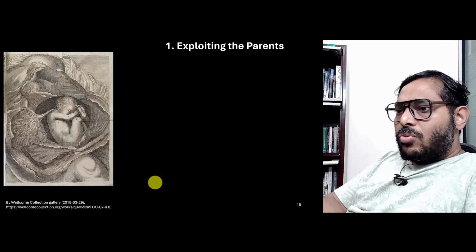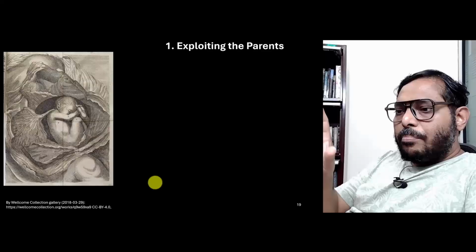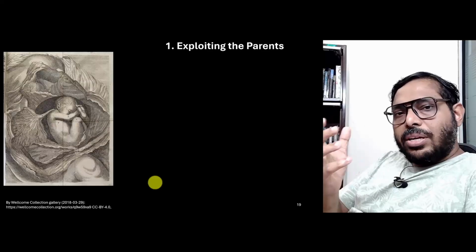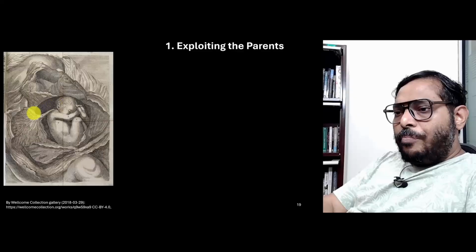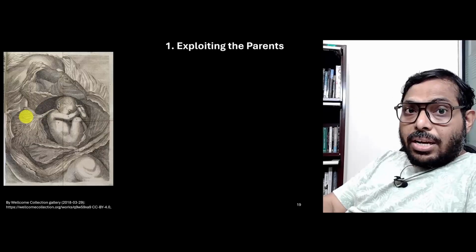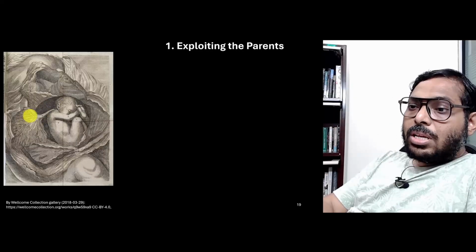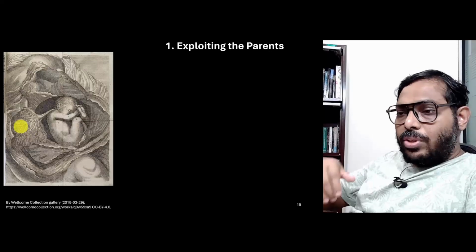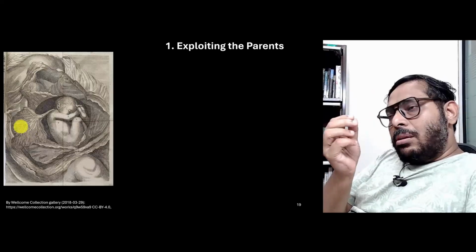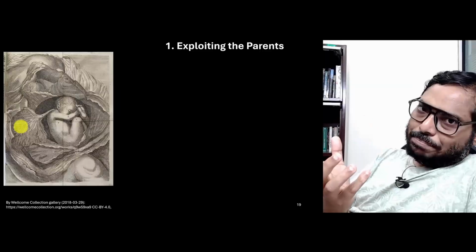So, this is a picture of a fetus inside a mother's womb, and as all of you know, in primates, and particularly humans, the fetus is connected to the mother's uterine wall with this structure called the placenta.